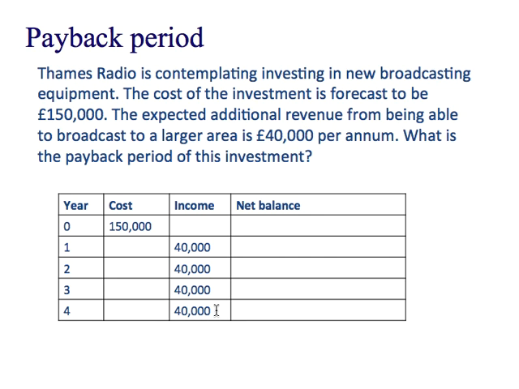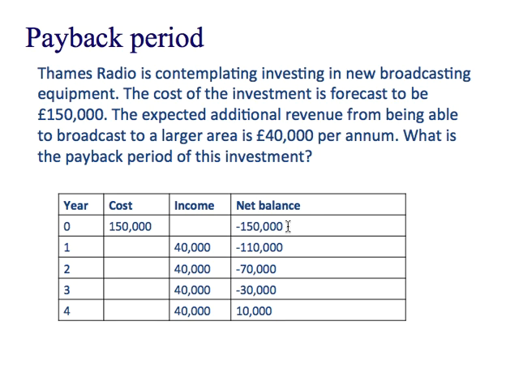This is quite a nice question because it's $40,000 per year, so we've got quite an even distribution of income. So what you want to work out is the net balance. It should be income minus your costs, and here we get this net balance.